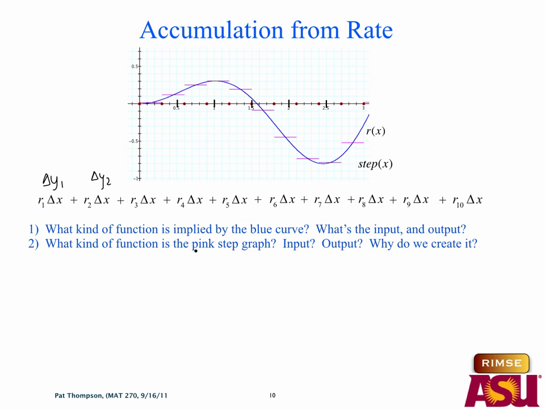Constant, what kind of function? Rate of change function. The pink graph is still a rate of change function, okay? Because it's still inputting X values and outputting rates, right? Because remember, the step graph comes from the rate of change function. That's how we get it, okay? So it inputs an X value, it outputs a rate of change.